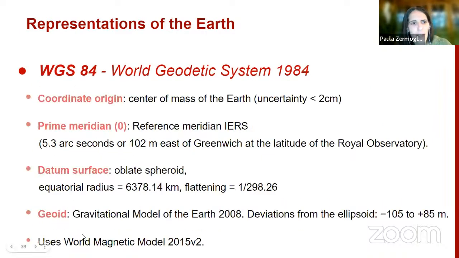Now, these are some characteristics of the WGS 84. I'm not going to go into them in detail, but it has a particular coordinate origin that is the center of mass of the Earth. It takes a prime meridian that is not Greenwich, is a little off Greenwich. We have which is the datum surface, which is the geoid that it uses, etc.